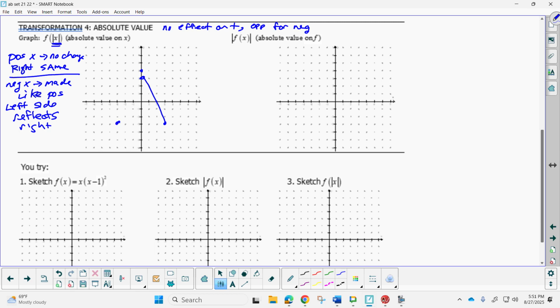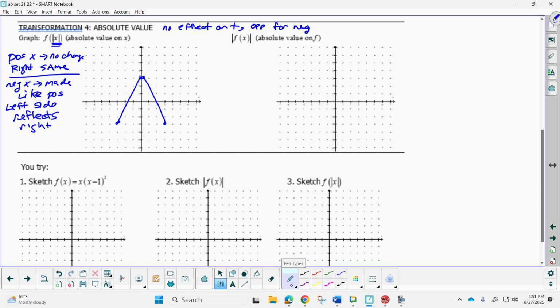So now the left side will look like that. Now you might say, well, what happens to those semicircles? And the answer is, well, they never get to happen because those negative values never get thrown into the function. All right, so that's absolute value inside.